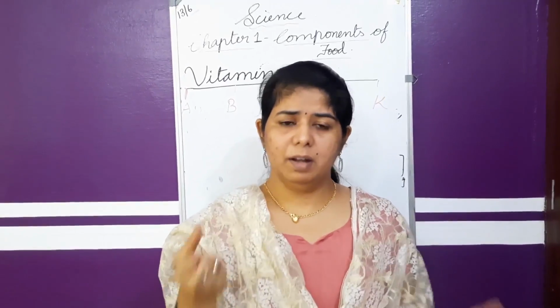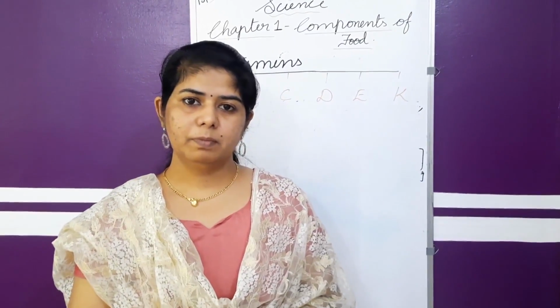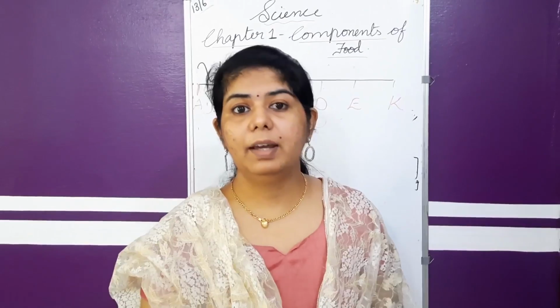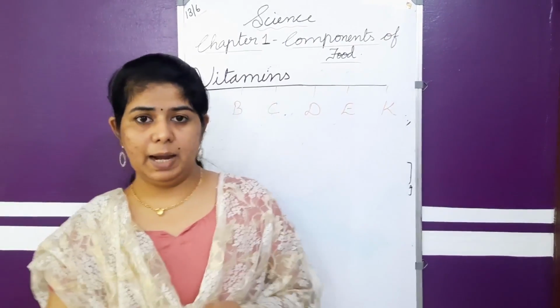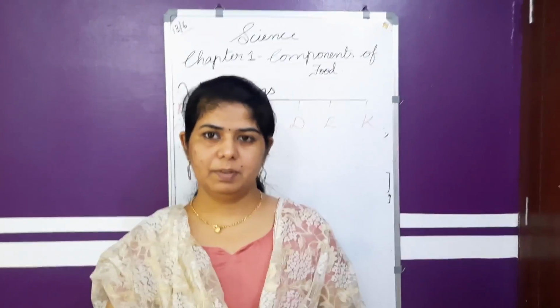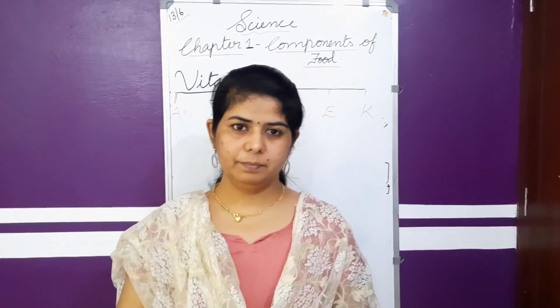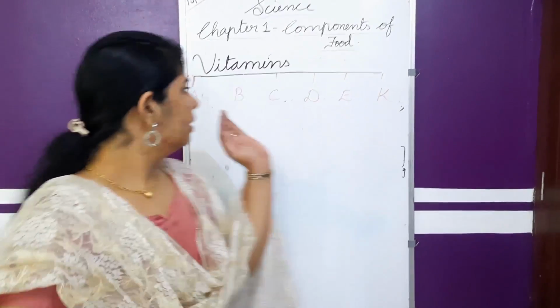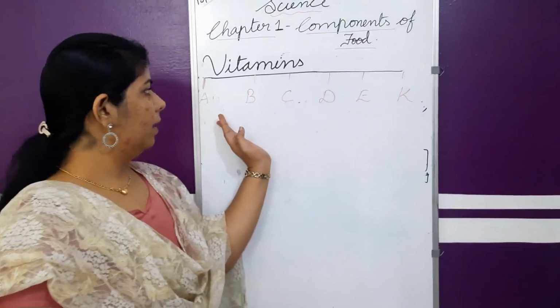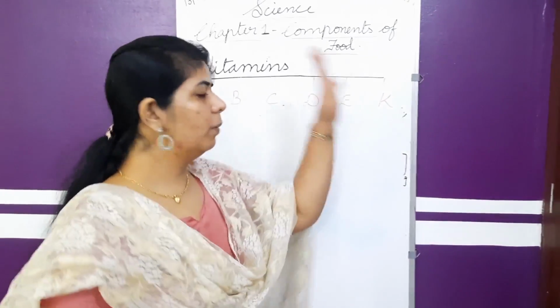What is immunity power? The power which helps you protect against diseases, because they contain the elements which make us defend against the germs entering our body. So here we have vitamin A, B, C, D, E and K.